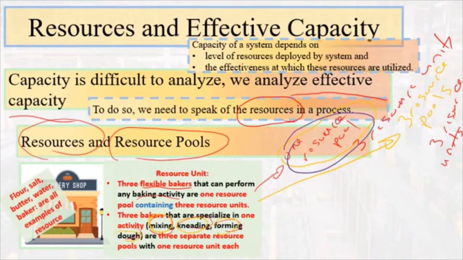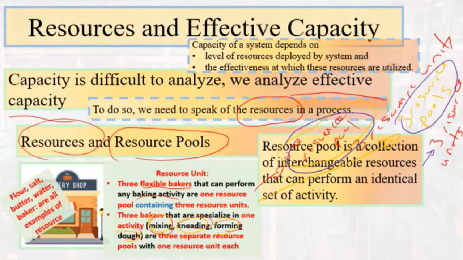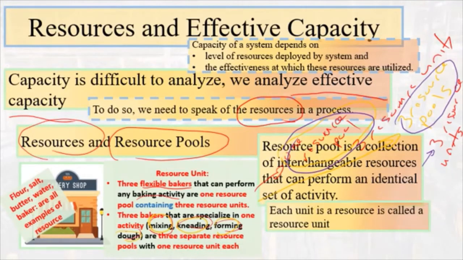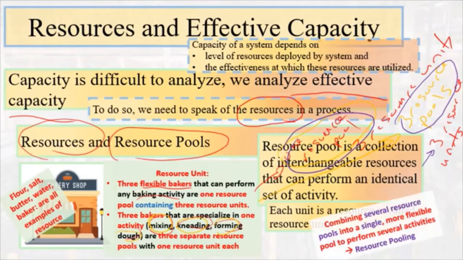While if each one of them is specialized, then we have three different resource pools, but we still have three resource units. So the number of resource units doesn't change, but the number of pools will change, whether you change the number of resource pools or not.